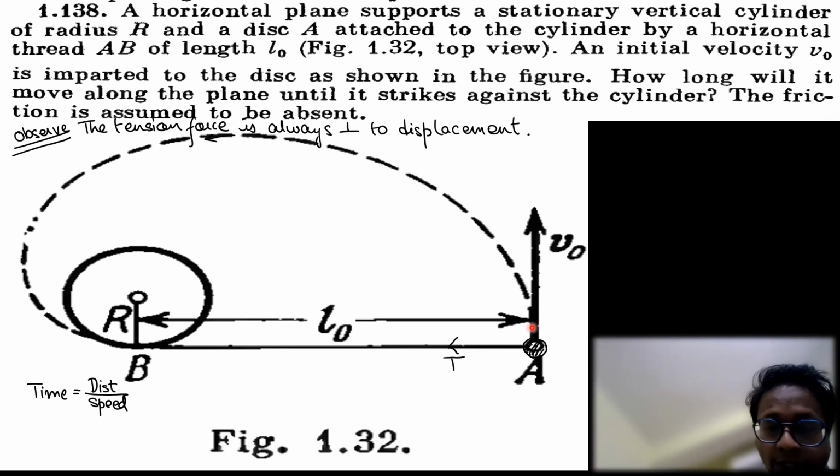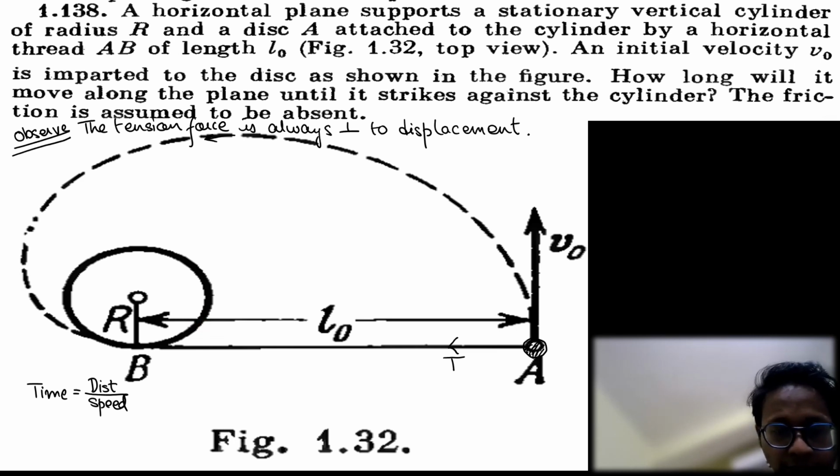Now to figure out the length of this path, I have to take an elemental path length somewhere. So let's see, when this bob, or this pendulum, reached out here, the string would have coiled by this much.